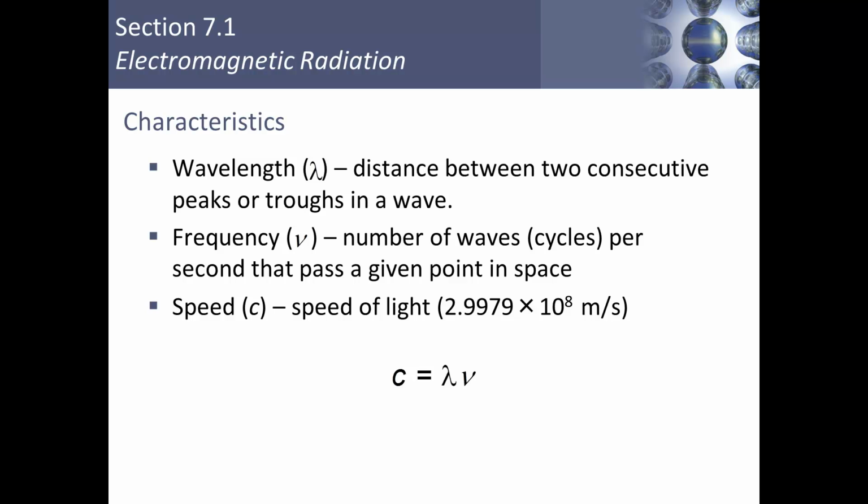The wavelength, lambda, is the distance between two consecutive peaks or troughs in a wave. The frequency, nu, is the number of wave cycles per second that pass a given point in space. And the speed of a wave is the speed of light, 2.9979 times 10 to the 8 meters per second, such that the speed of light c is equal to the wavelength times frequency.